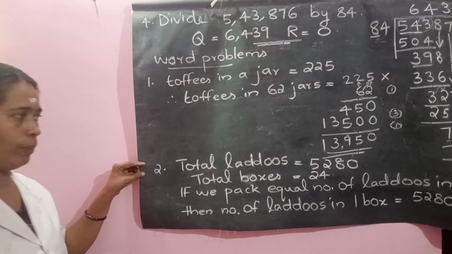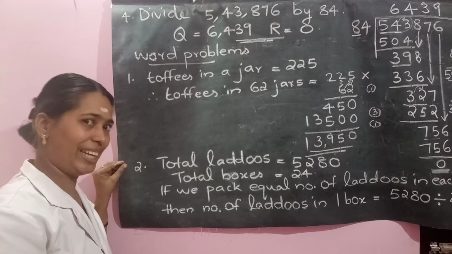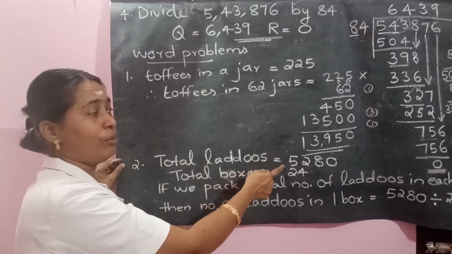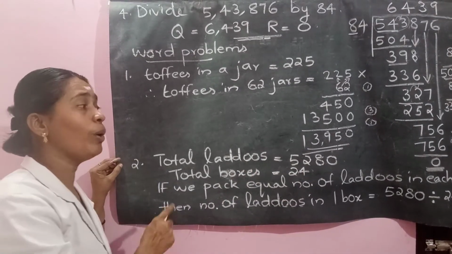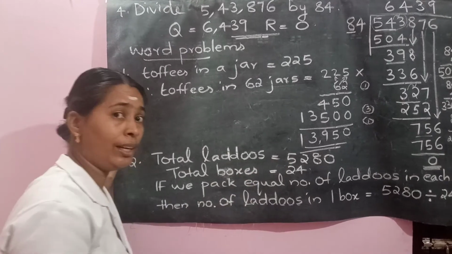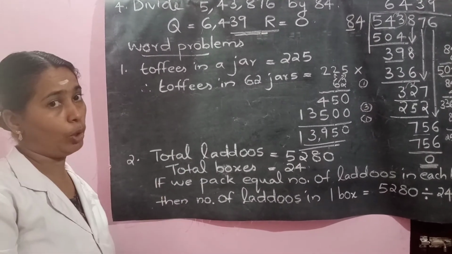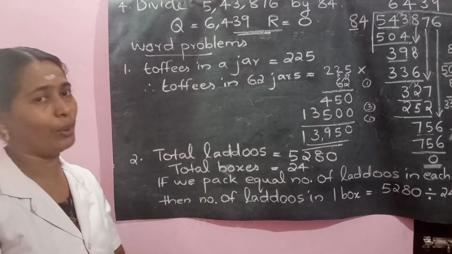Secondly, they told you there are so many laddus. Do you like laddu? Yes, everyone likes it, isn't it? So how many laddus are there? 5,280 laddus. And we are going to pack these laddus in boxes. Which way are you going to pack? First box having more, second box having less, third box a little bit big, like that? No, there is an order.